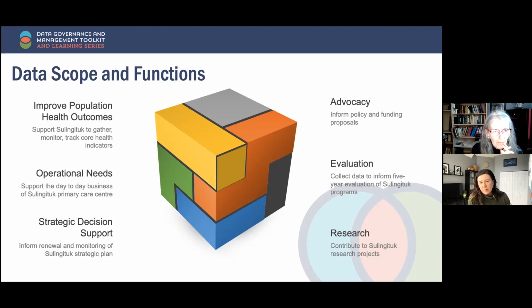Strategic decision support. So things like, as we go to do a strategic plan. And so in this case, Selingatik government, they're approaching the end of their 5-year strategic plan. They would want to know, what's the current environment around us? Like, what data do we have that informs the type of goals that we might want to create for our government?